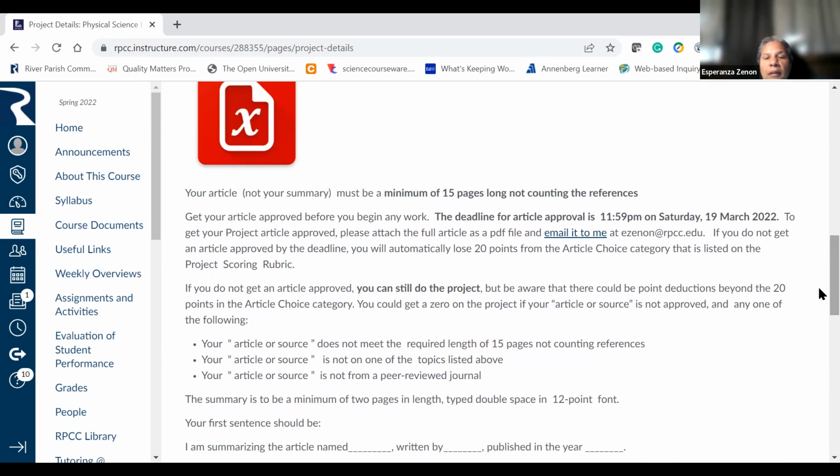Oftentimes students tell me that the articles are challenging and some stuff doesn't make sense. That is totally to be expected, right? Here's the thing: your task is not that you understand every detail of the article.